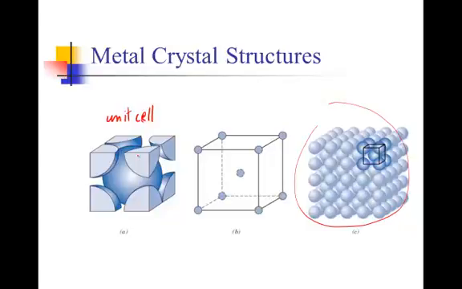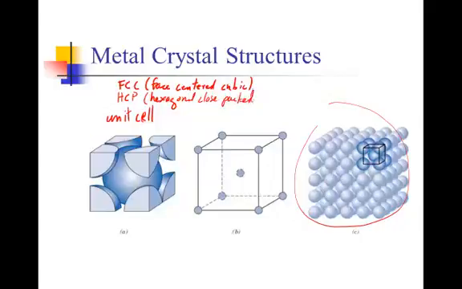And so there's two very common structures for metals: face-centered cubic structure, which I mentioned before, and we abbreviate that FCC, and then hexagonal close-packed structure. Okay, and we abbreviate that HCP.